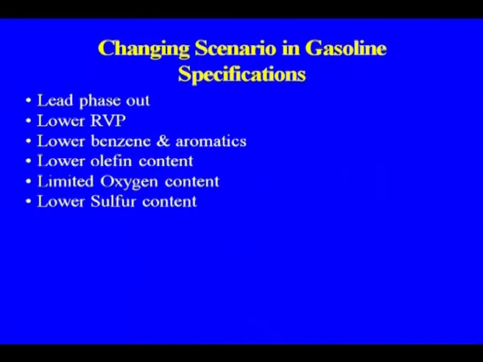The first phase was when we used tetraethyl lead for improving the octane number, which was completely phased out, then lower RVP, Reid vapor pressure, lower benzene. Now there has been a continuous decrease in the benzene content of gasoline as per the Euro norms, lower olefin content, limited oxygen content, lower sulfur content.